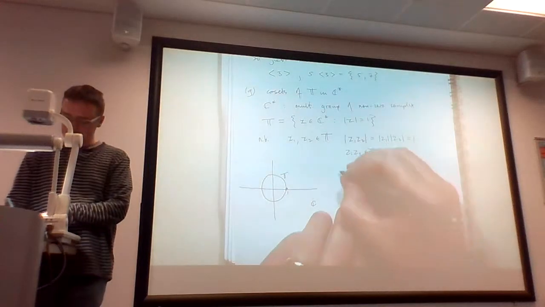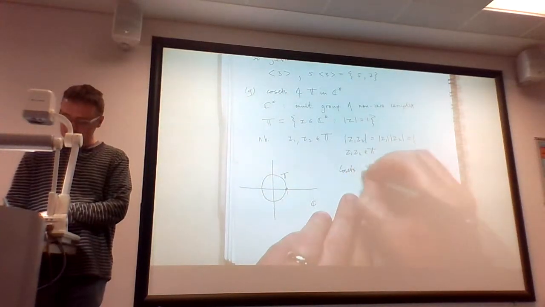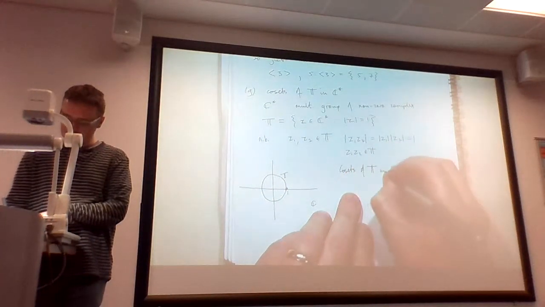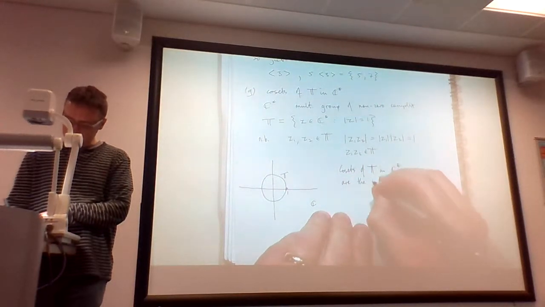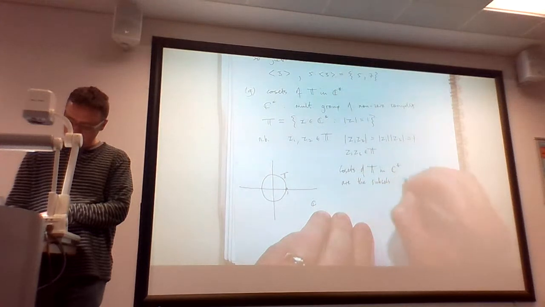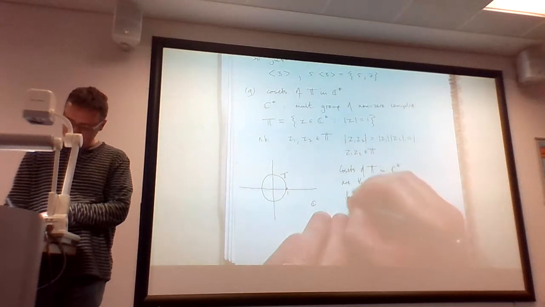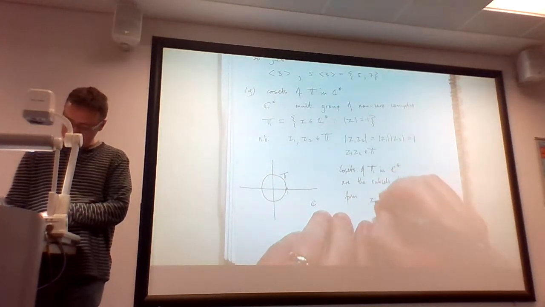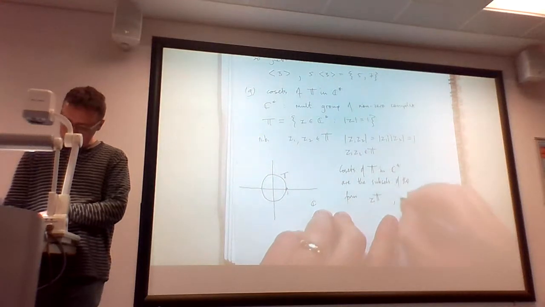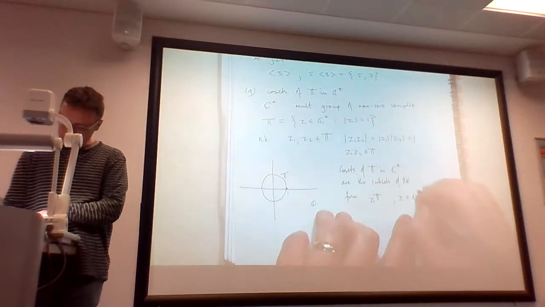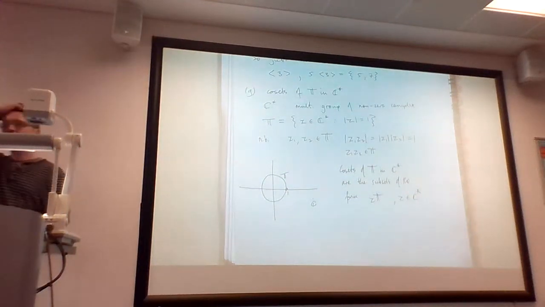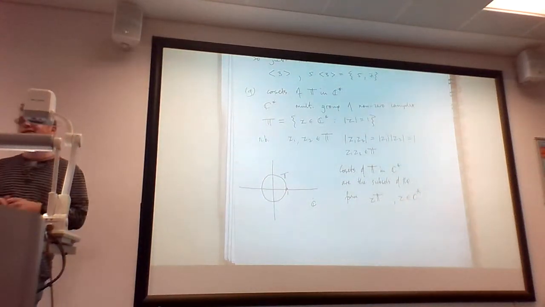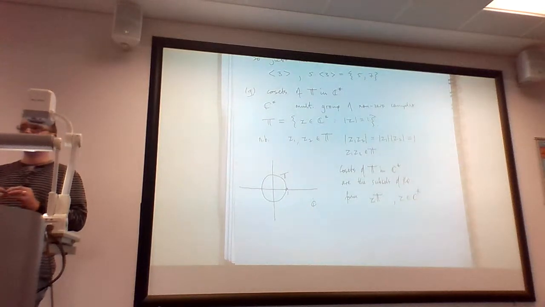Cosets of T in C star are the subsets of the form zT, where z is some element from C star. What are these cosets?